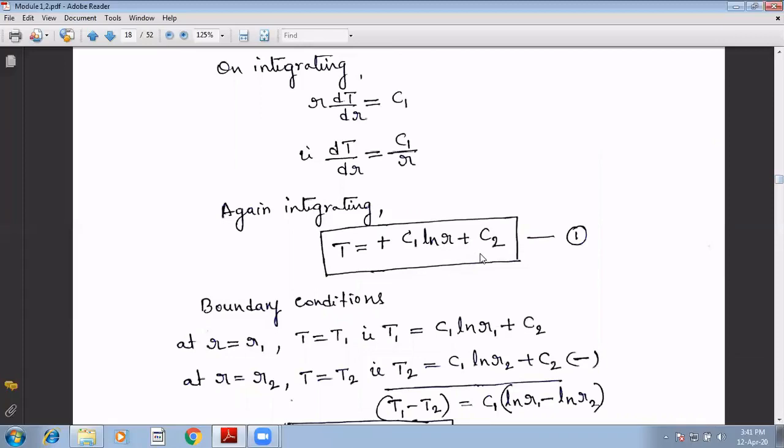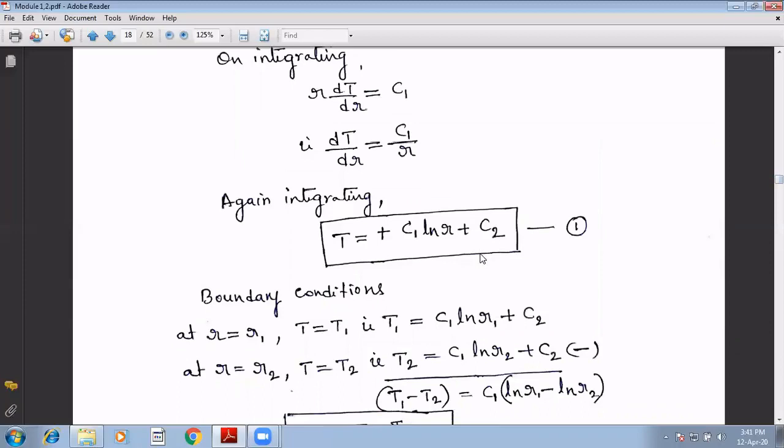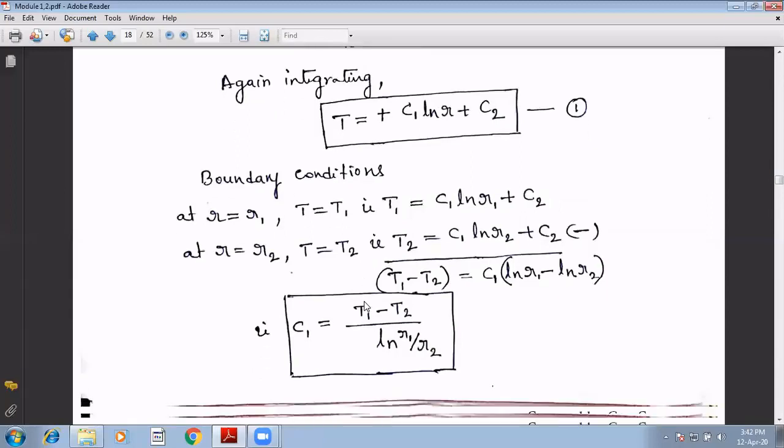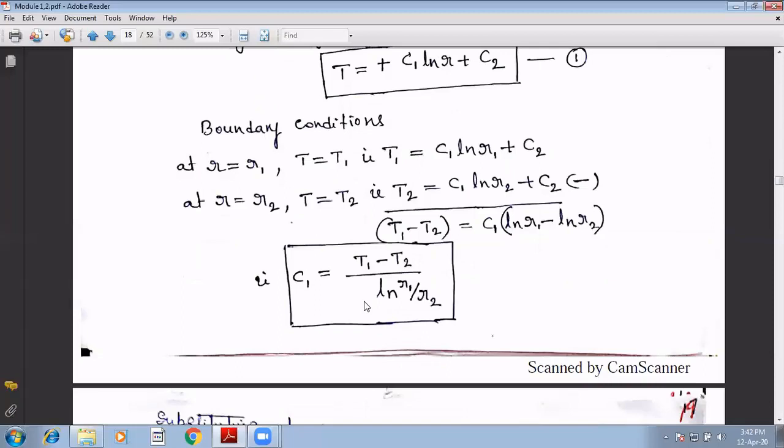And if you apply the boundary conditions, at r equal to r1 your temperature is T1, and at r equal to r2 the temperature is T2, then you will be getting C1 equal to (T1 minus T2) divided by ln of r1 by r2.